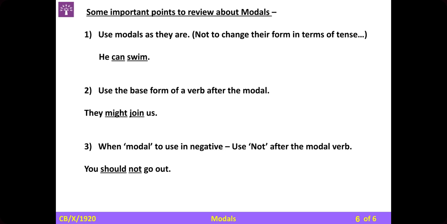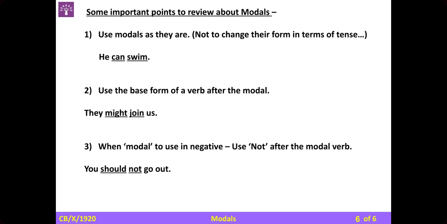So before we start more, it's important to review some points about modals. So first thing to remember is that the modals are used as they are, without any change. You're not going to change their form in terms of tenses.